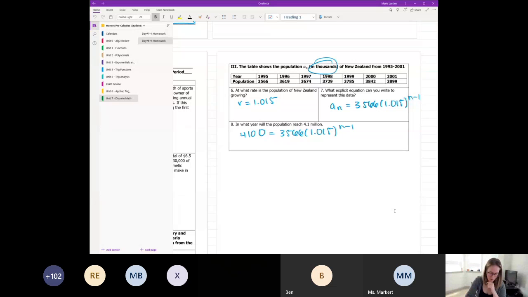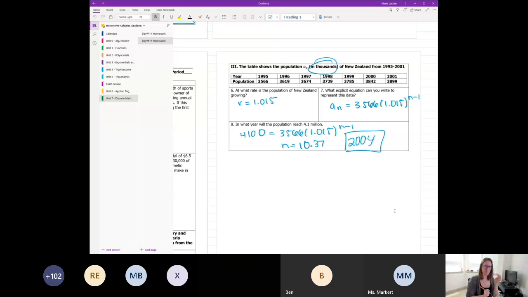And then you should end up with, I got 10.37. So in what year will the population reach 4.1 million? I didn't even finish answering the problem on my answer key. Give me a sec. So that looks like 10, we'll say 10, 11 years if we're just going by years. So I think the answer should be 2004.